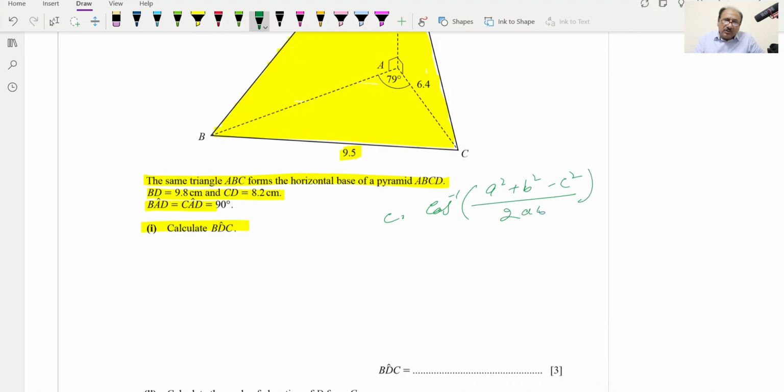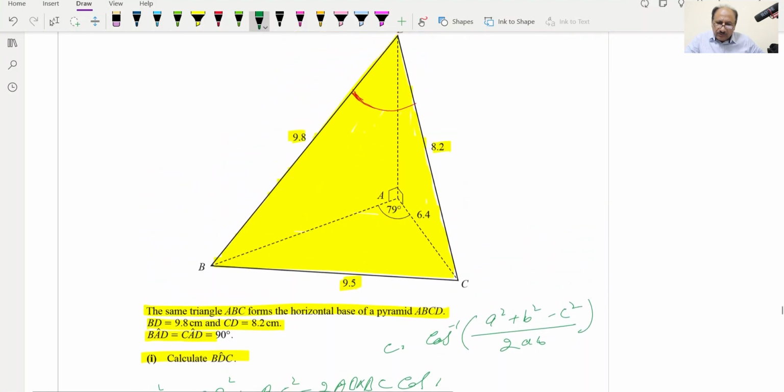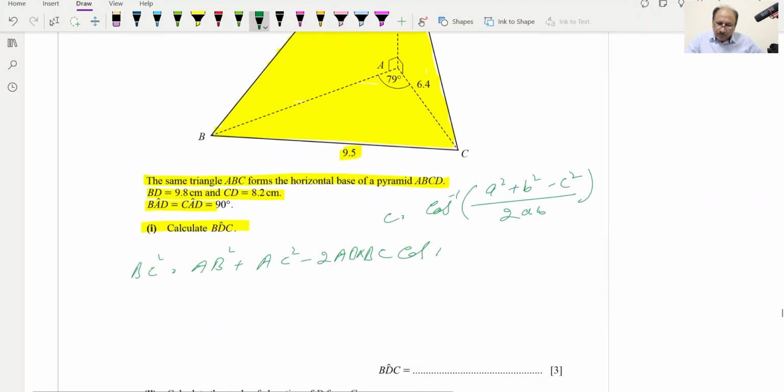Or you can use the formula BC squared equals AB squared plus AC squared minus 2 AB into BC into cos of this angle, which is cos of C, so cos of theta or something like that.